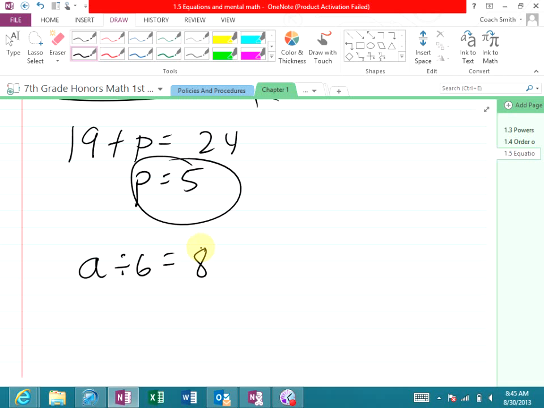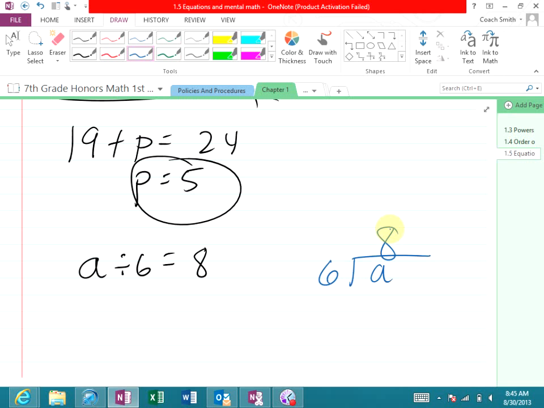In other words, here's what it looks like if we think of it in terms of division. It's going to look like this. That equation, A divided by 6 equal 8, gives us 6 into A would equal 8.